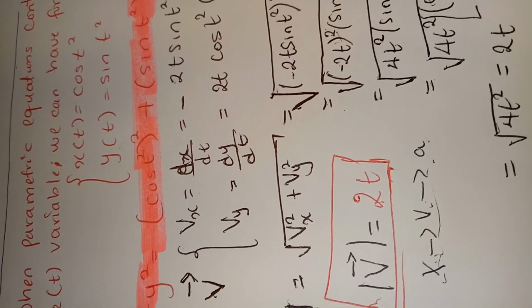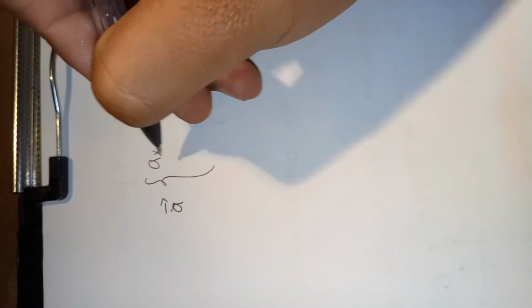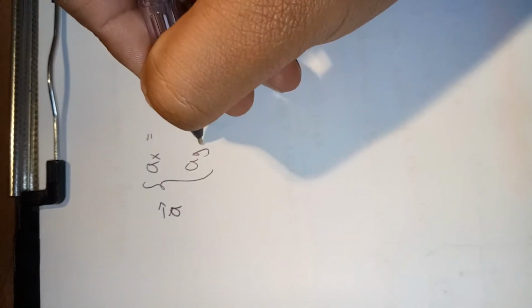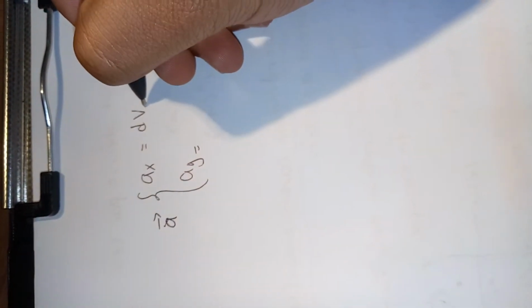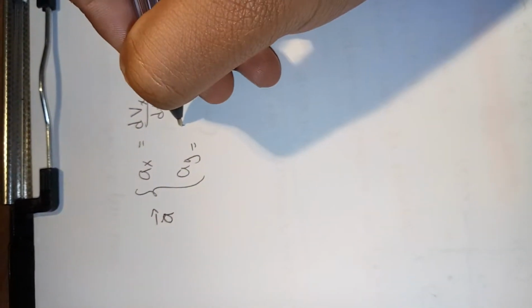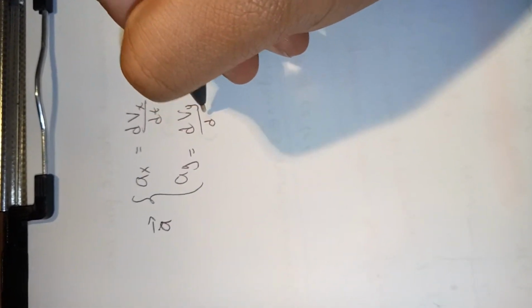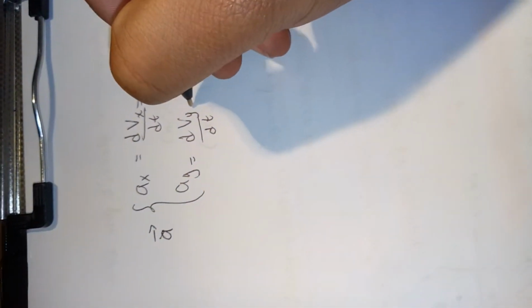So just like we did, we are going to write our acceleration in vector form, with ax and ay. So we are deriving dvx over dt and dvy over dt, right?